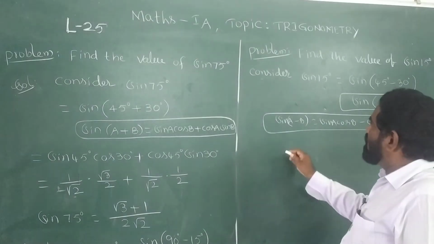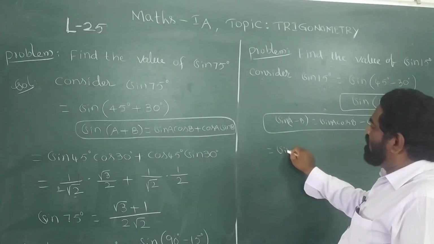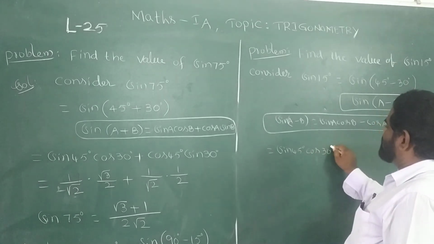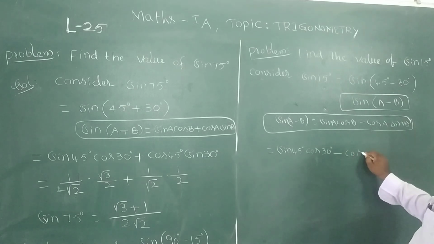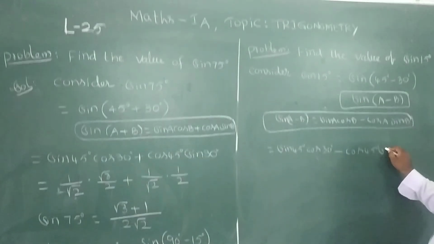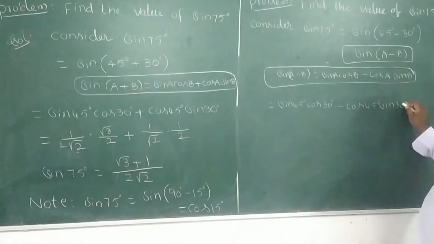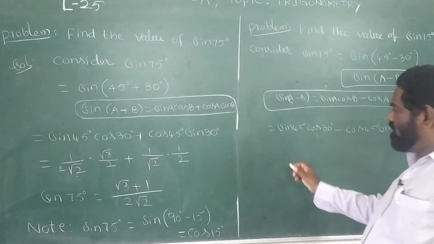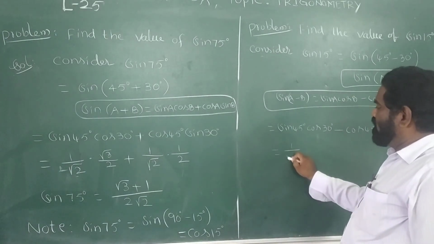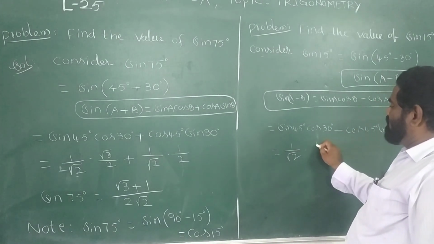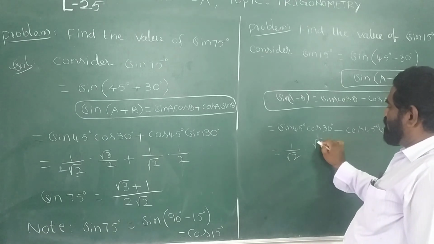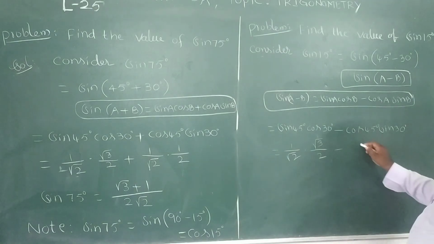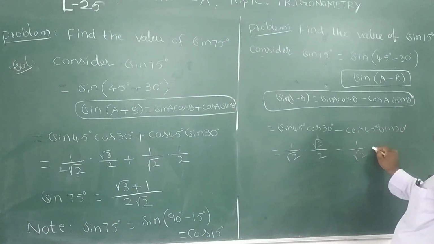Understand? Write the values. Sin 45 cos 30 degrees minus cos 45 sin 30 degrees. Do you know the value of sin 45? How much? 1 by root 2. Cos 30? Root 3 by 2. Cos 45? 1 by root 2.